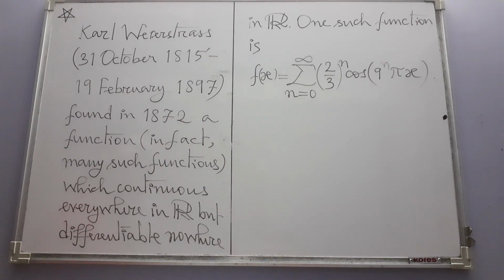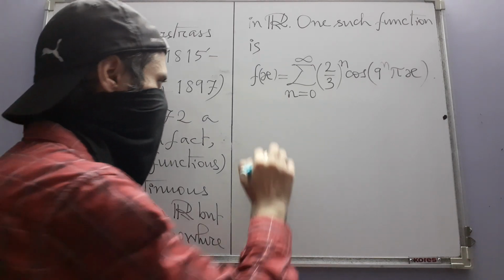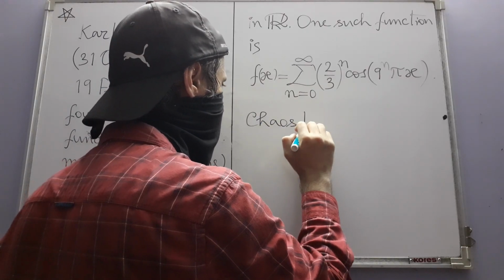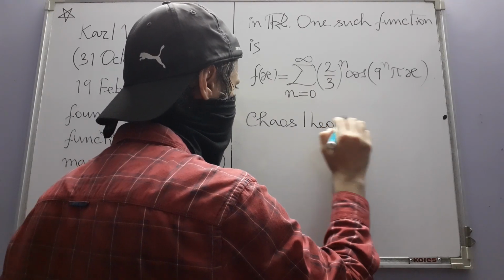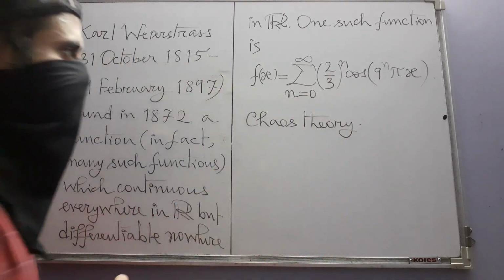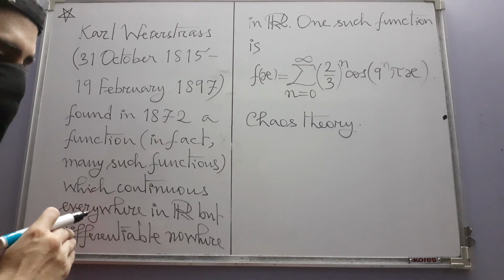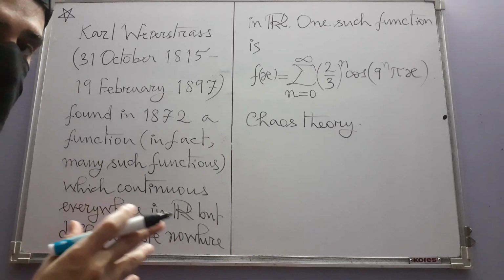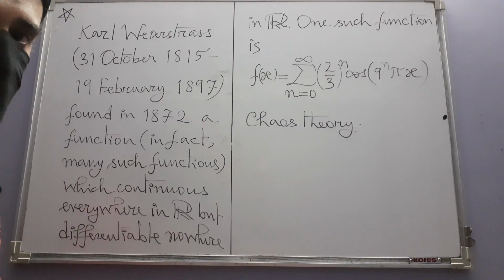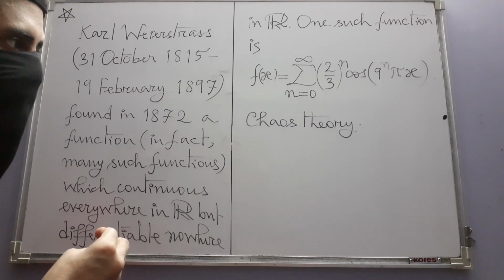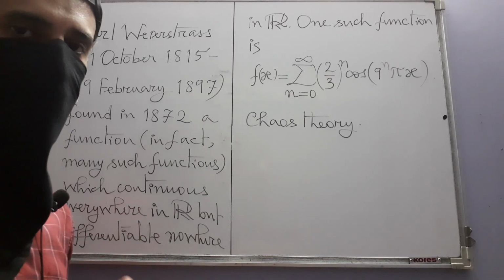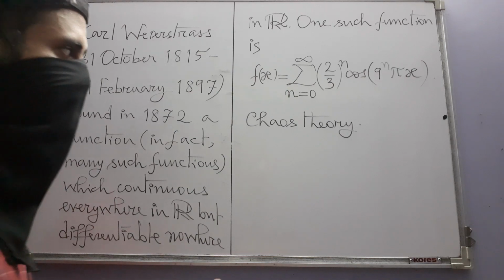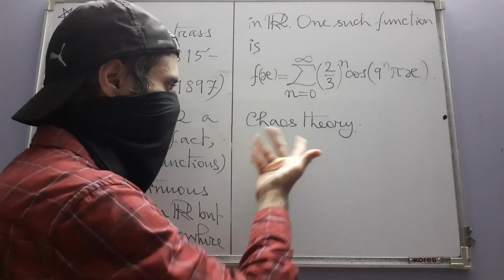Study of such functions is important in something called chaos theory. One of the reasons for that is that for curves which exhibit this type of behavior, which are extremely jagged, no possible finite length can be assigned, and apparently this is the fact that makes them useful in chaos theory.